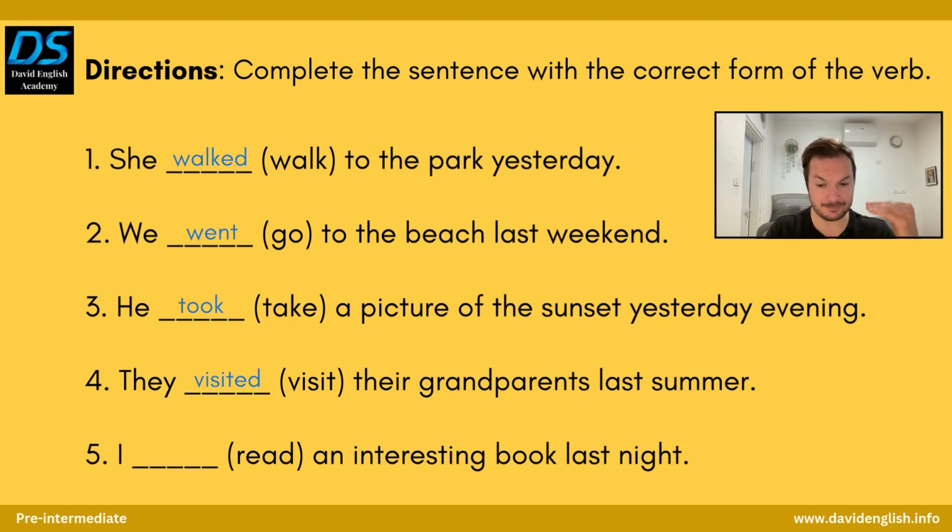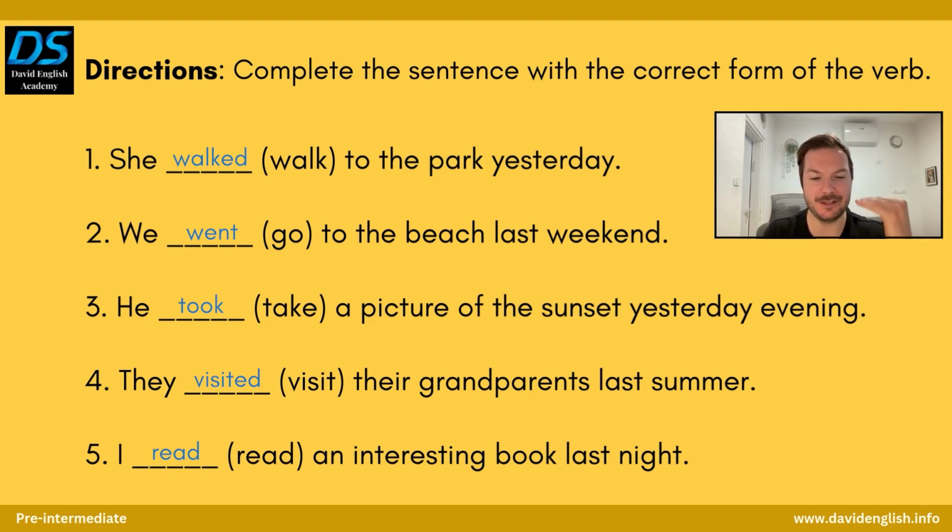Number 5, I read an interesting book last night. What do you think? An irregular verb here, we want to write it down like read the same way, but we say I read an interesting book last night, like the color red.